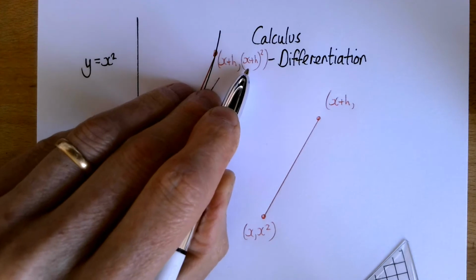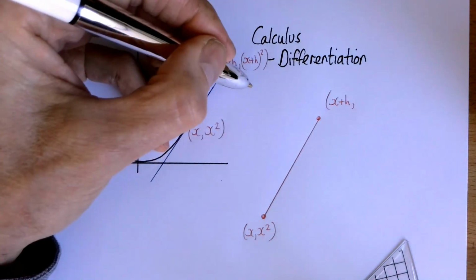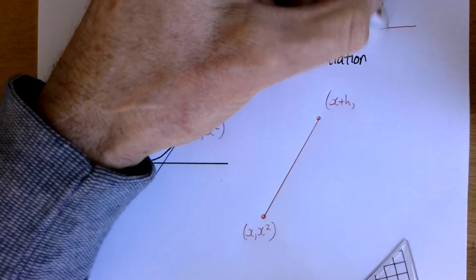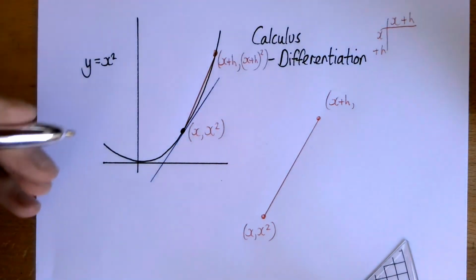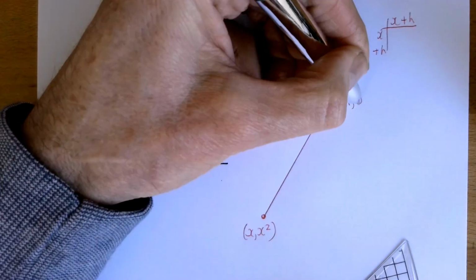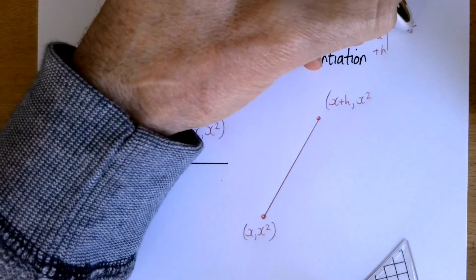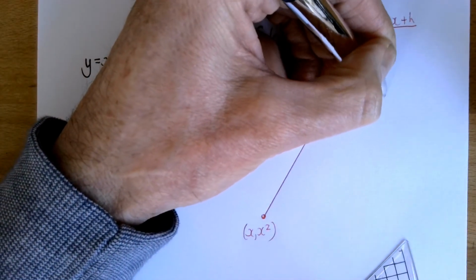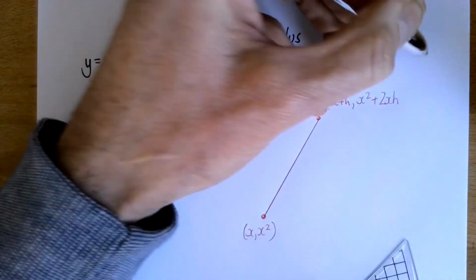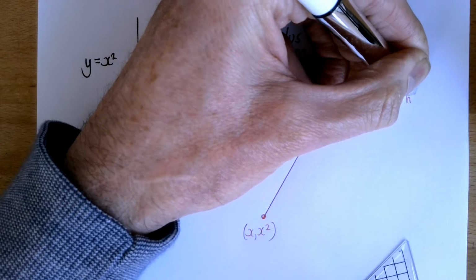Well, if I multiply this out, x plus h, x plus h, I'd end up with x squared, an xh here and an xh here, so that's plus 2xh plus an h squared.